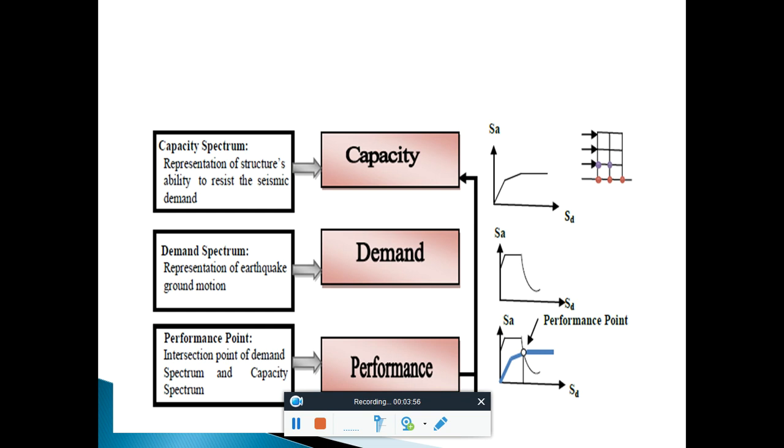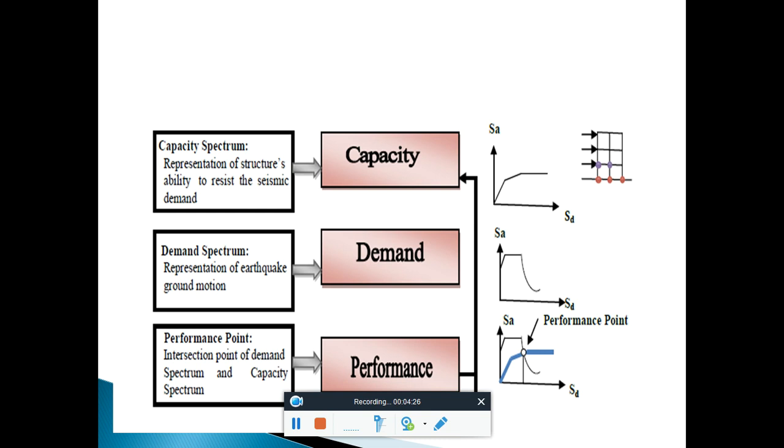Demand is nothing but the representation of the earthquake ground motion. From capacity we get one graph, from demand spectrum we get another graph, and performance point is the intersection point of the demand spectrum and capacity spectrum. When these two graphs are merged, there will be one point of intersection, and that point will be known as the performance point.